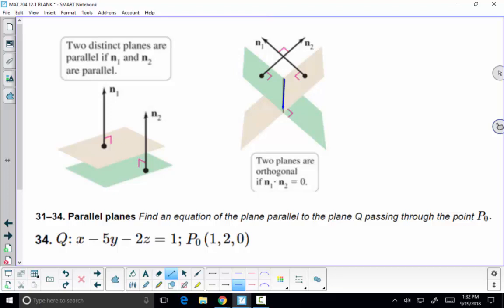You don't believe me? If you imagine this wall and this wall, there's the line of intersection. If you take that normal vector and that normal vector and cross them, it's going to point in the direction of the crease, the line of intersection. Always.